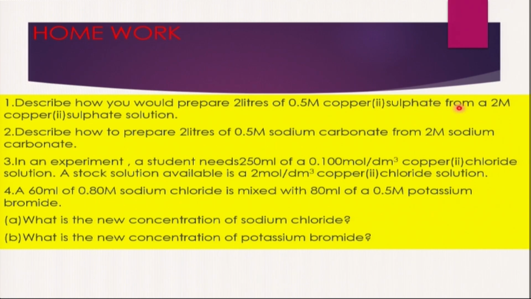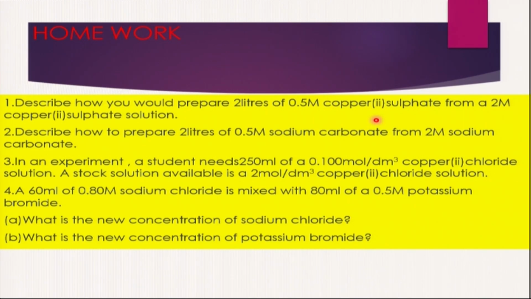So what do you need to do? You need to calculate V1 by just substitution. But what do I need? I need the steps. After calculating V1, the volume that is required, measure that volume accurately, transfer that volume into a volumetric flask like this.